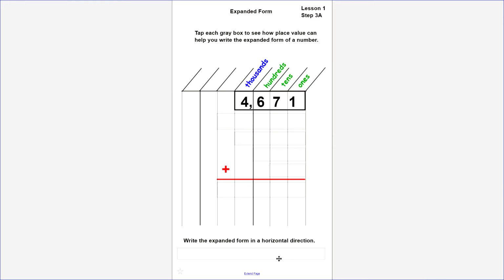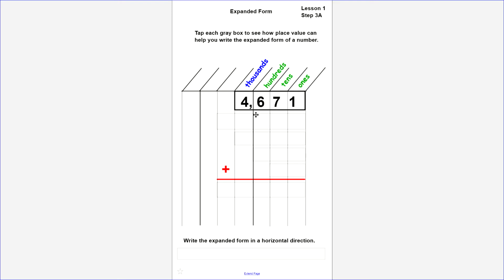Let's talk a little bit more about writing numbers in expanded form. You've already learned that when we want to write a number in expanded form, we have to stretch it out to show the value of each digit. We're going to use this place value chart here to help us stretch out or expand the number 4,671.